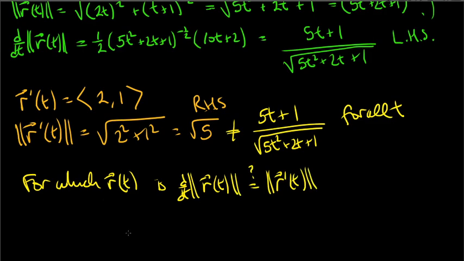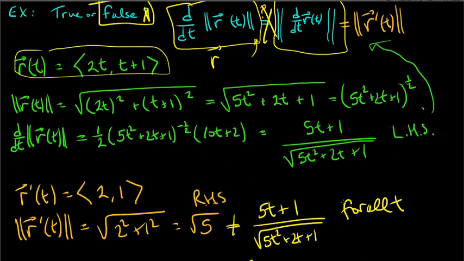There are some vector valued functions for which this is true, but they're very special cases. And if you can determine what that special case is, then you're very good, because this is a challenge. You don't have to do it, but if you can manage to do it, then great.